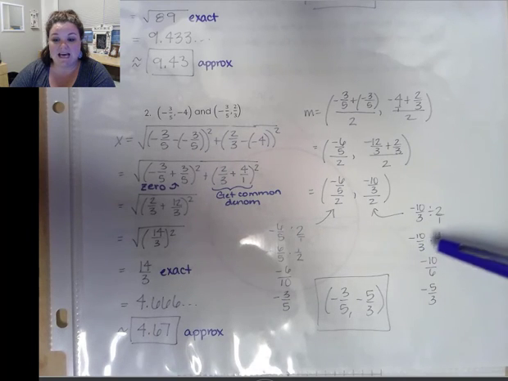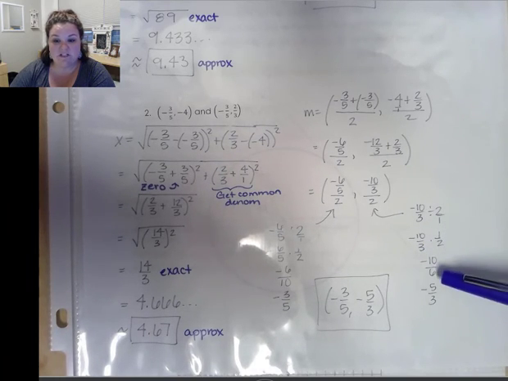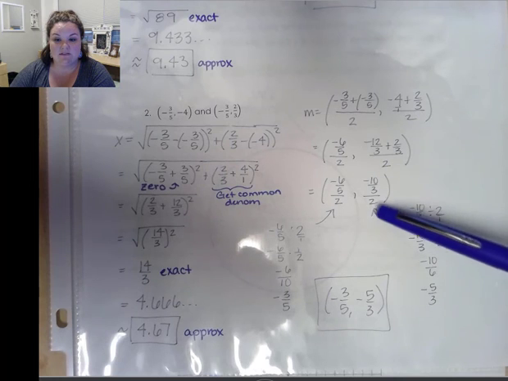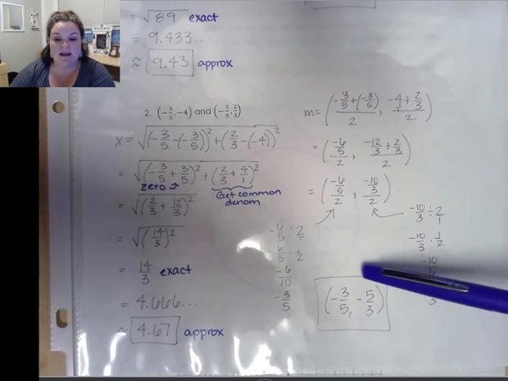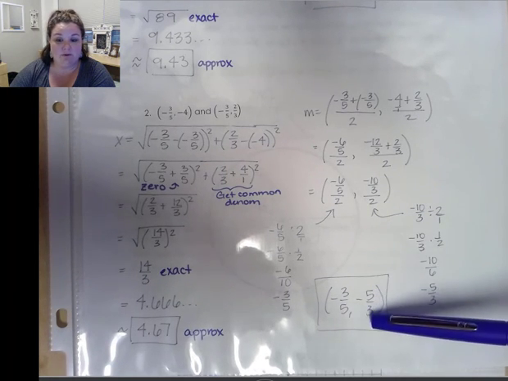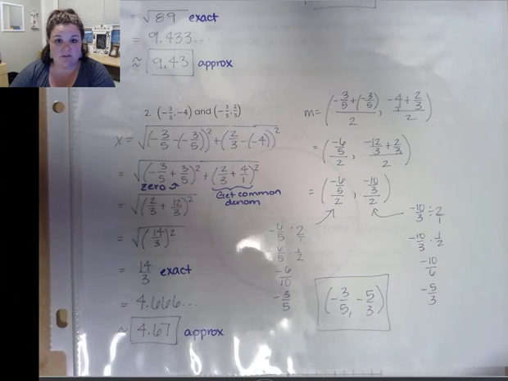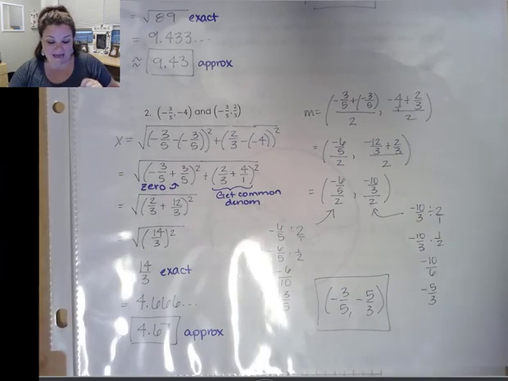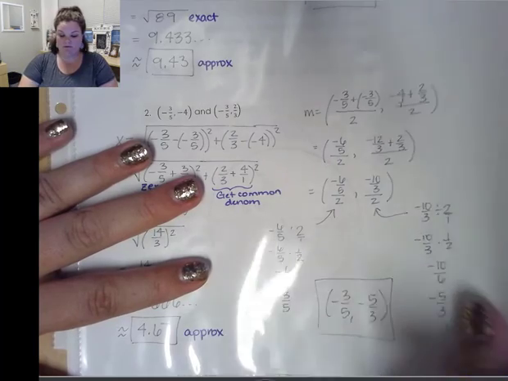So -10/3 times 1/2, which gives me -10/6, and then that reduces to -5/3. So all of this work right here was to simplify the y value of my midpoint, which ends up being -5/3.